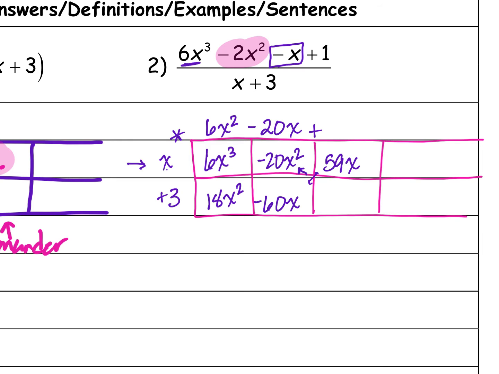Okay, what do I multiply x by to get 59x? 59. And then 59 times 3 is 177. Okay, what do I add to 177 to get 1?